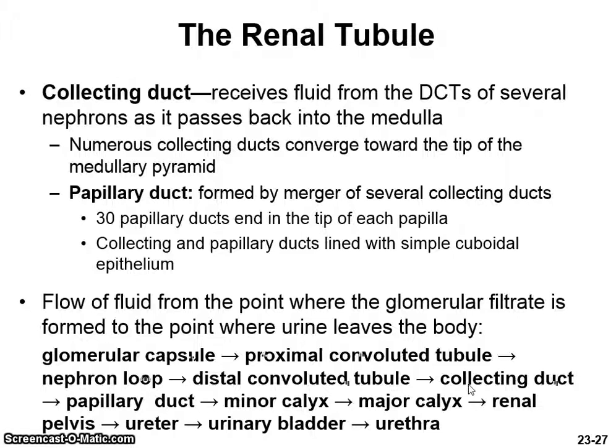Then we have the flow of fluid from the point where glomerular filtrate is formed to the point where urine leaves the body. So we have the glomerular capsule, the proximal convoluted tubule, nephron loop, then the distal convoluted tubule and collecting duct, followed by the papillary duct at the bottom part of the pyramid, followed by the minor calyx, major calyx, renal pelvis, ureter, urinary bladder, and urethra.